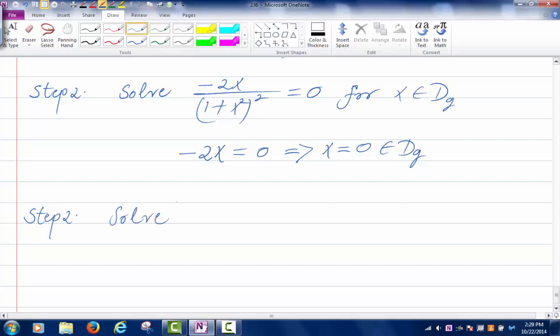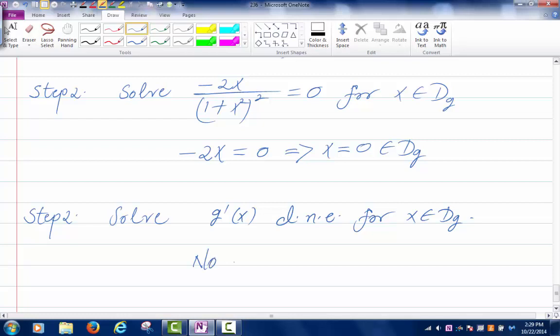Next, solve g prime of x doesn't exist for x in the domain of g. Well, do I have any solutions here? The derivative is given by this, and this is defined for any x. So no solutions.